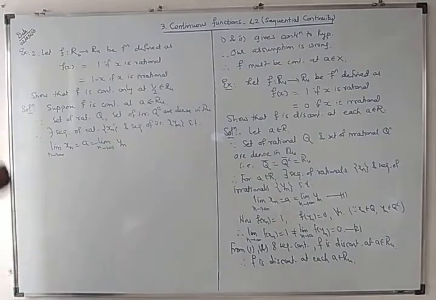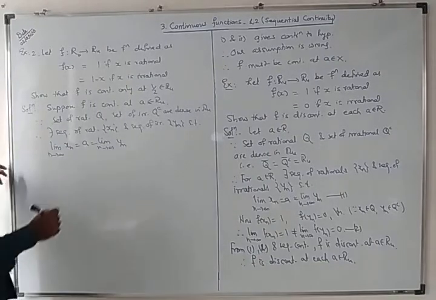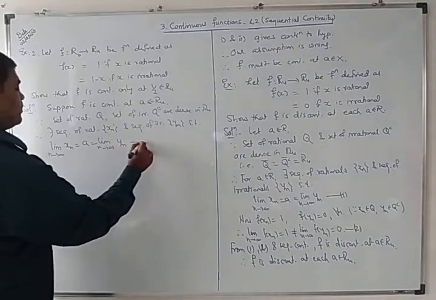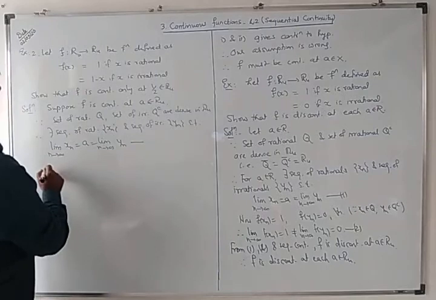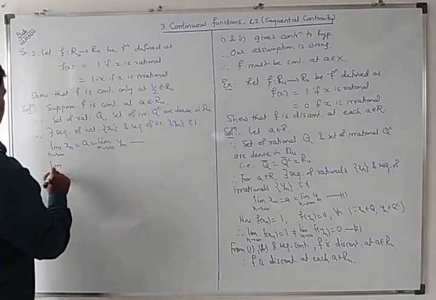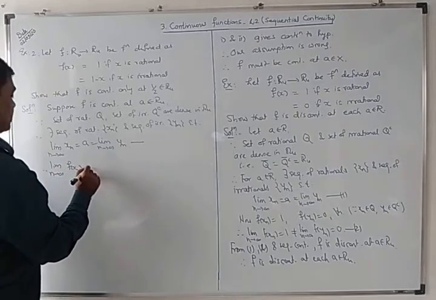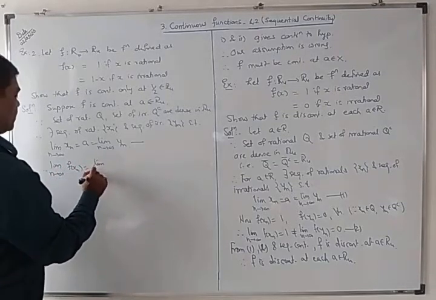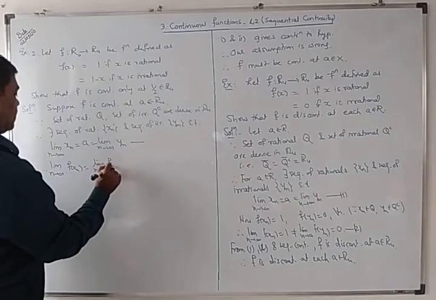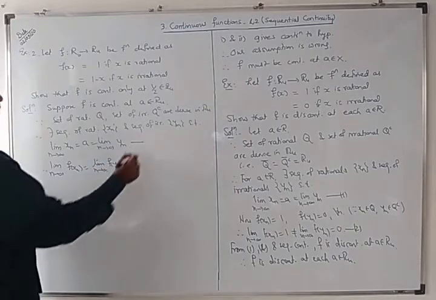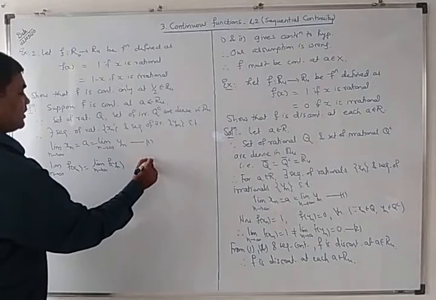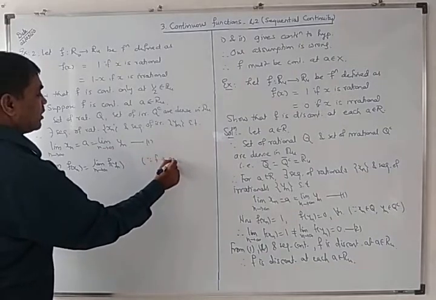Is it clear? (1) And therefore limit as n tends to infinity of f of xn is equal to limit as n tends to infinity of f of yn, since f is continuous at a.